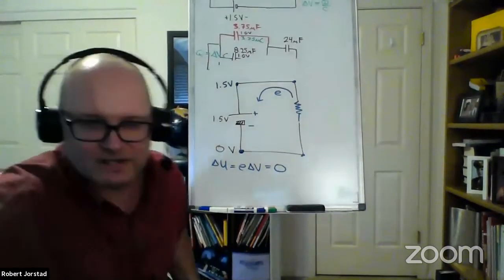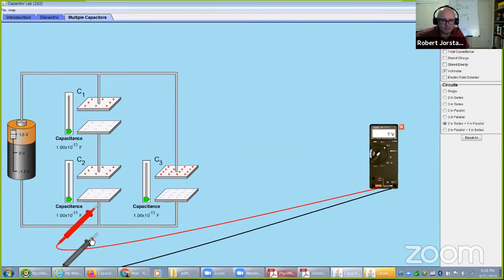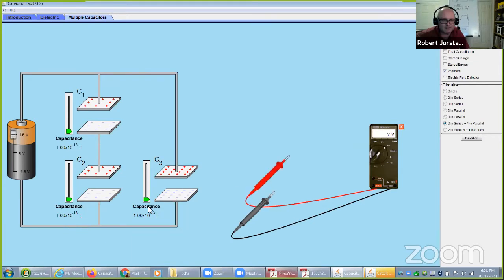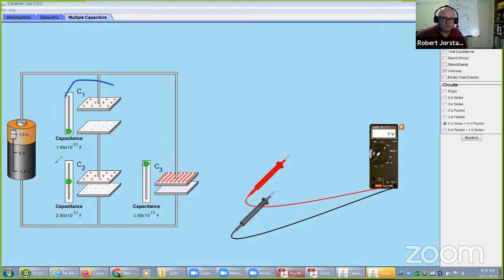Let's go back to this crazy looking thing. These start to be more like the types that I would put on an exam, right? Where you have a mix. And so you could imagine in this case, you could have different capacitances on each one. Whatever. And so the idea is we see that you get these complicated circuits where these two capacitors, C1 and C2, are in series.